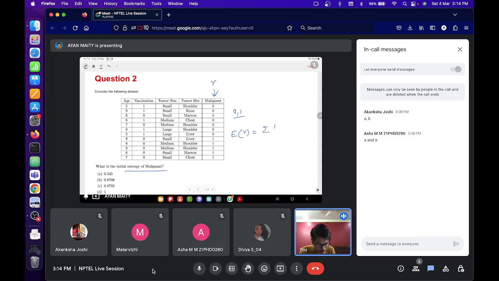So we try to compute it like this: summation of PC log base 2 PC, where PC is the probability for class C. There are two classes in this data set, 0 and 1, so there will be P0 and P1.